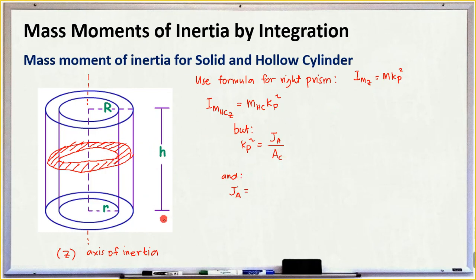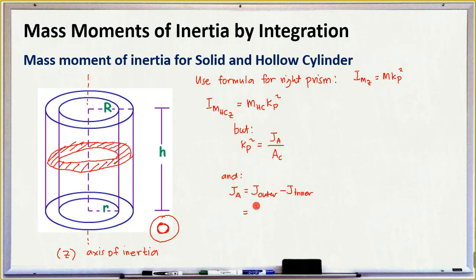So we're going to use the composite rule in finding the polar moment of inertia. That is the polar moment of inertia of the outer circle minus the polar moment of inertia of the inner circle.